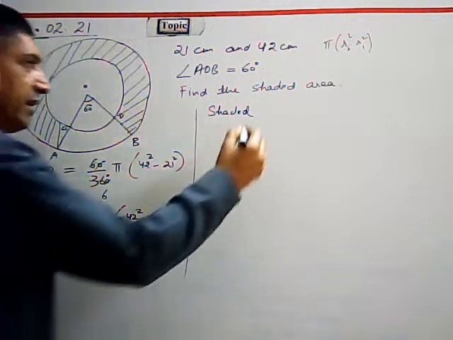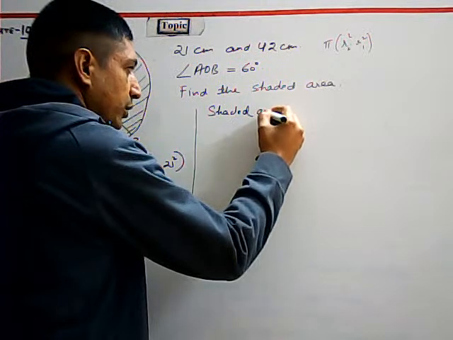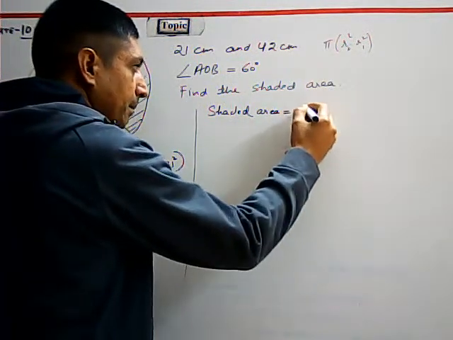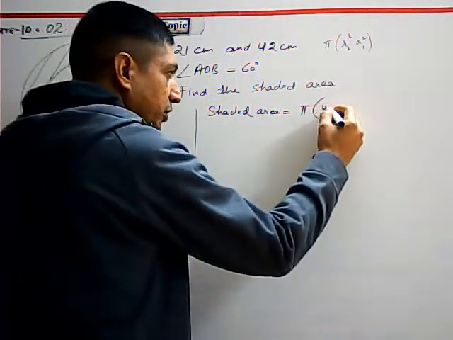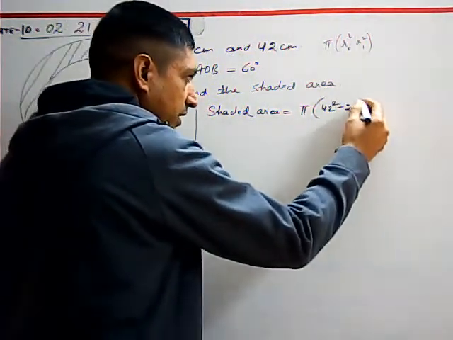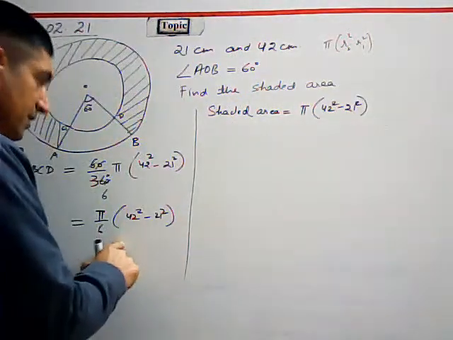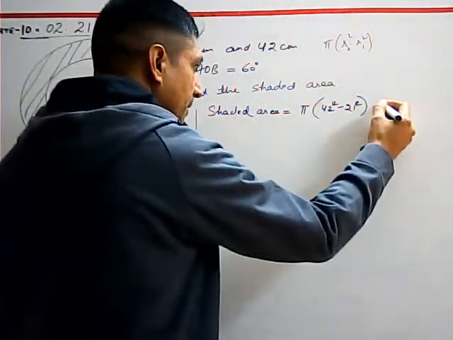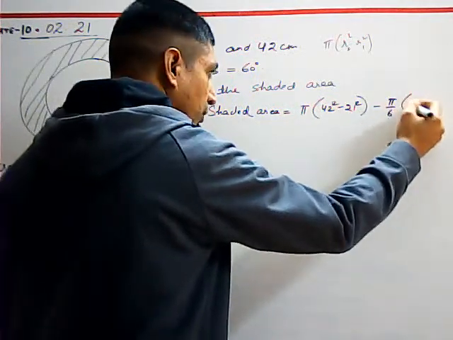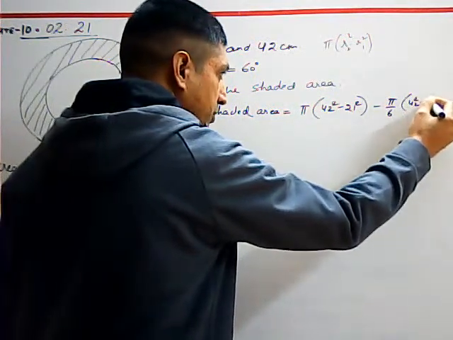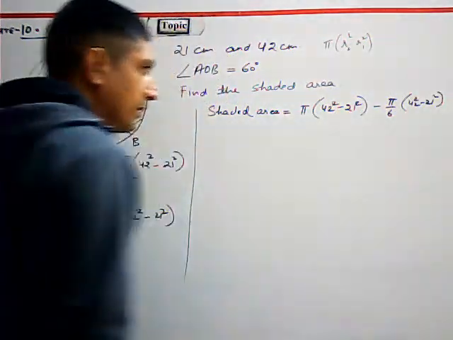And the shaded area is equal to pi into 42 square minus 21 square minus of this area, that is pi by 6 into 42 whole square minus 21 whole square, right?